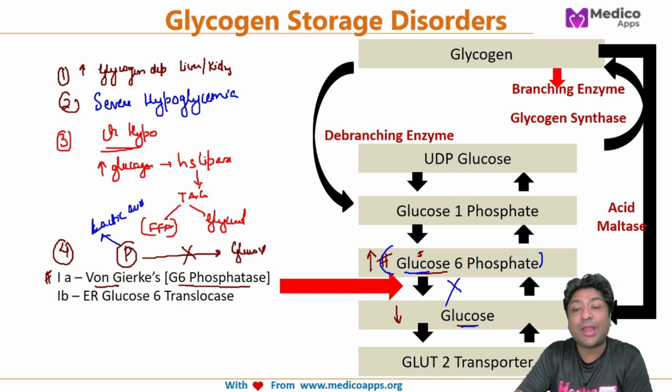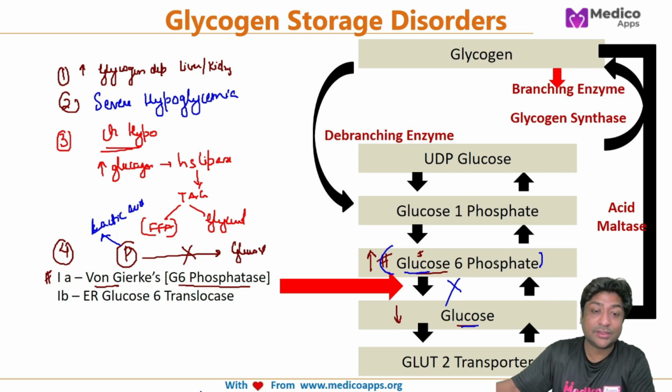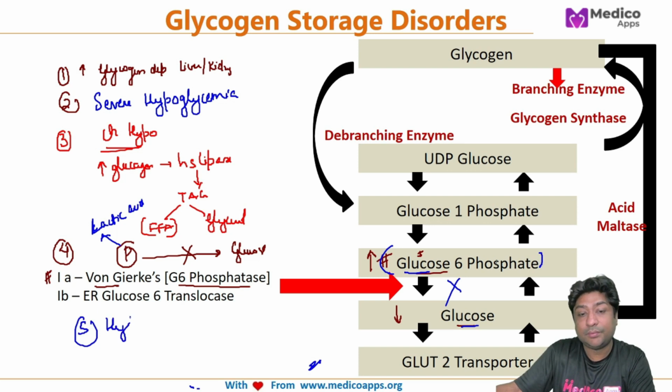With all this glucose 6 phosphate going into the hexose monophosphate shunt, a lot of ribose sugar will be formed, and so a lot of nucleic acid synthesis will happen. Because purines cannot be stored, the increased formation of purines leads to increased destruction of purines, which leads to the next characteristic, hyperuricemia.